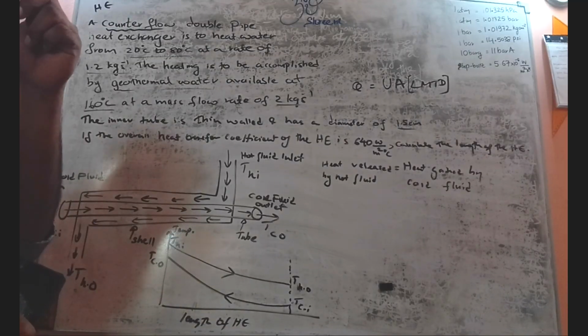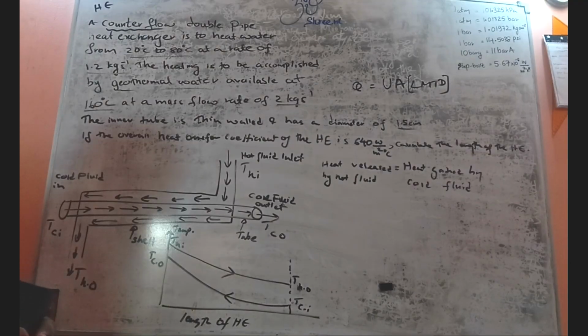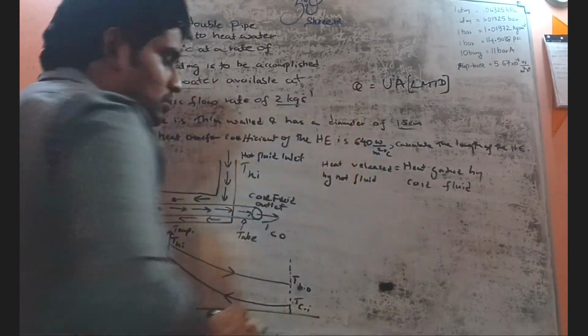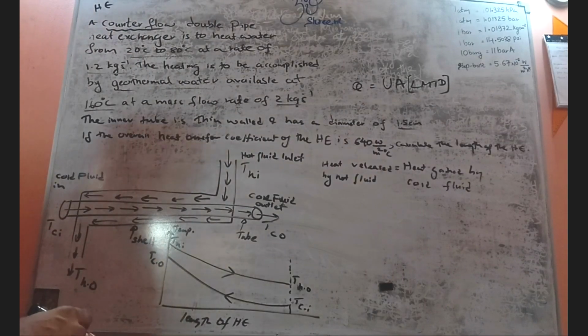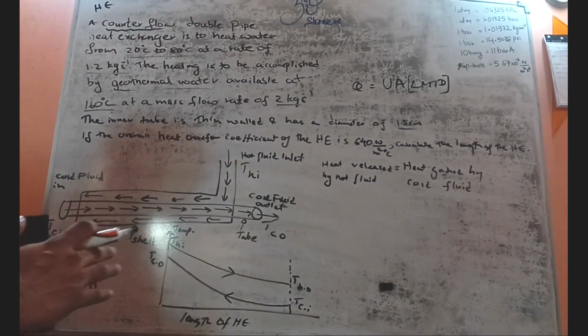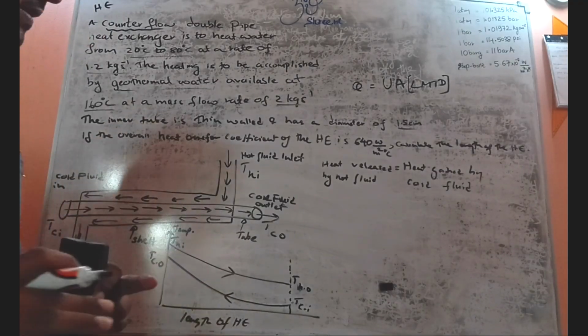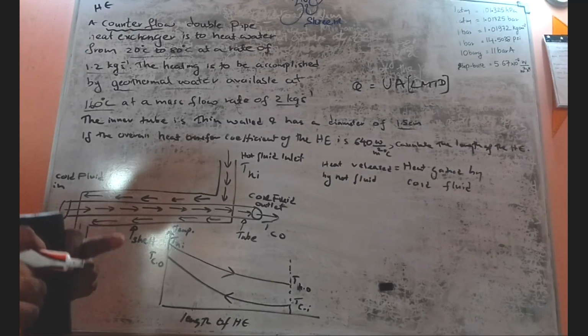All right. So now this is the equation that we are going to use, right? First of all, we will see how we can find LMTD. We'll check that first.